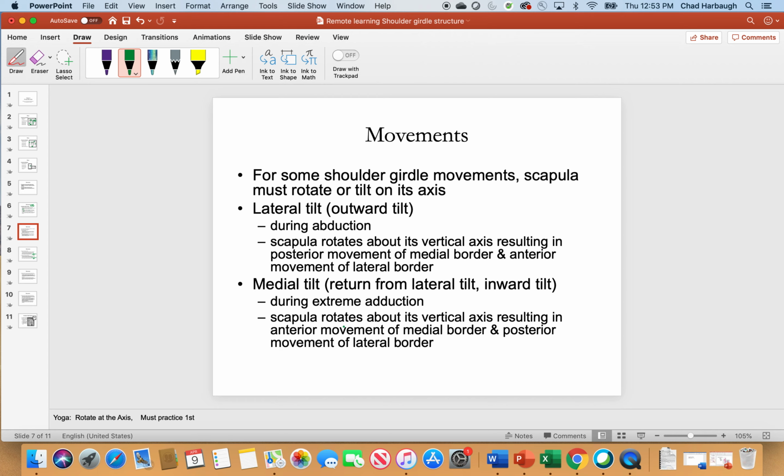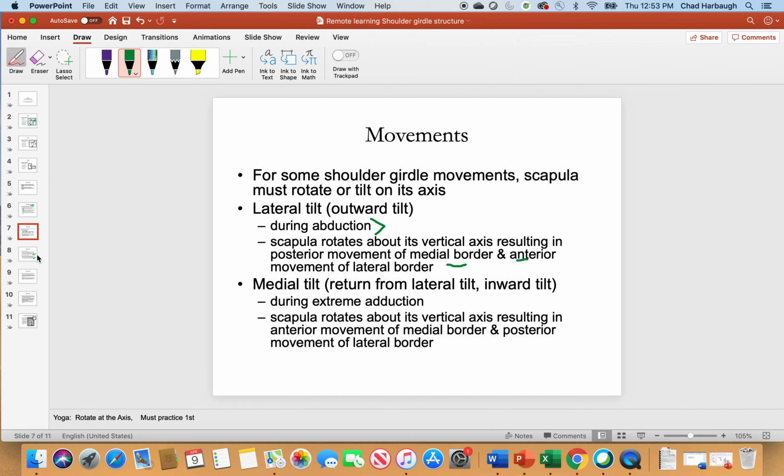So when we're looking at upward and downward tilts, or lateral tilts, or medial tilts, when the shoulder joint is going in during abduction, we see that the scapula rotates about its vertical axis, meaning the medial border and anterior movement of the lateral border.